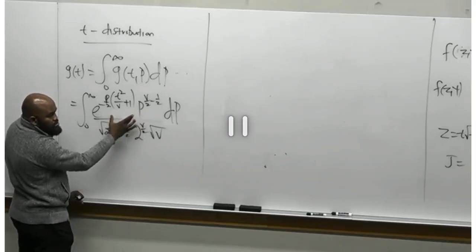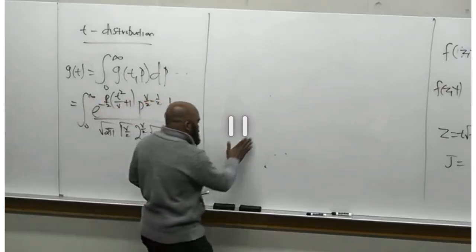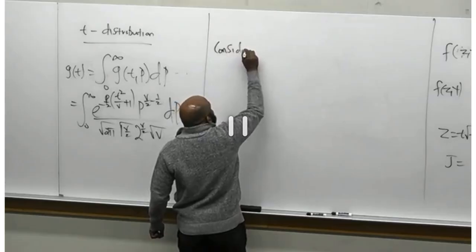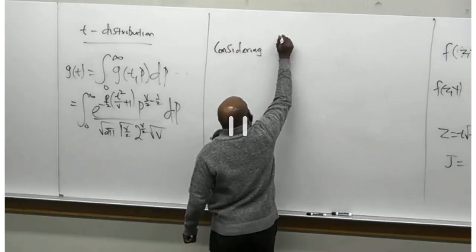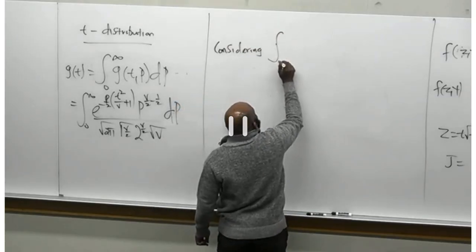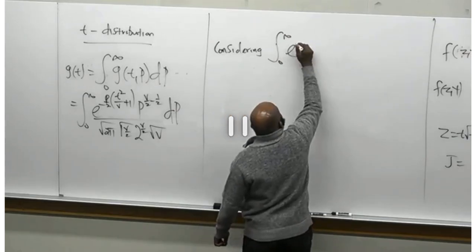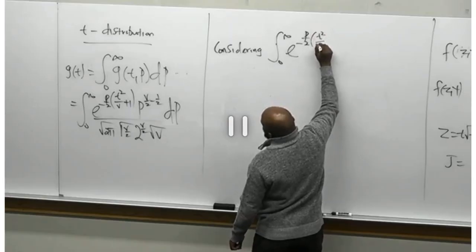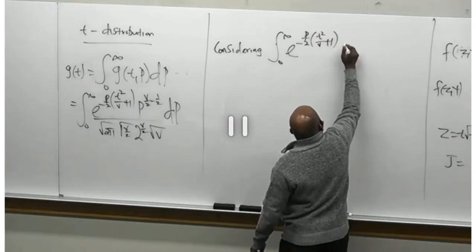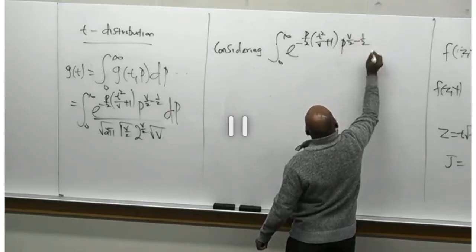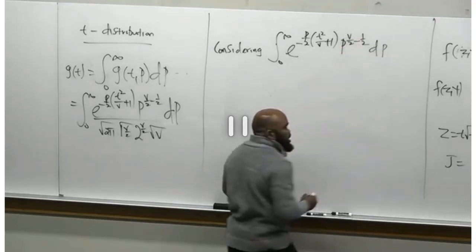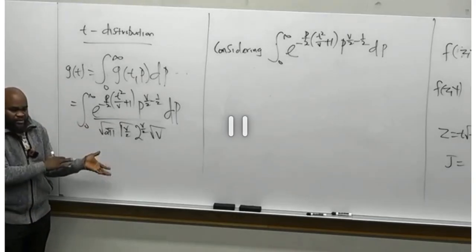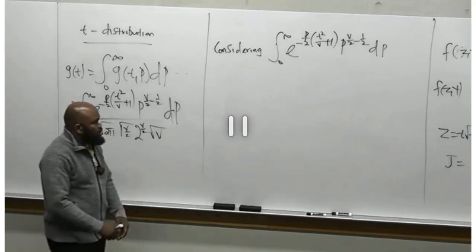So I want to focus on the numerator now, considering the integral from 0 to infinity of e raised to the power minus P over 2, t squared over V plus 1, P raised to the power V over 2 minus half dP. I want to consider that because all of the denominator is a constant. I can leave that for now. I want to concentrate on the top.